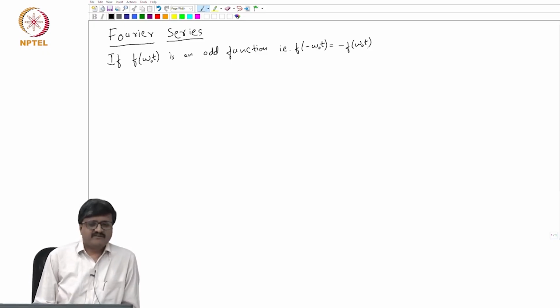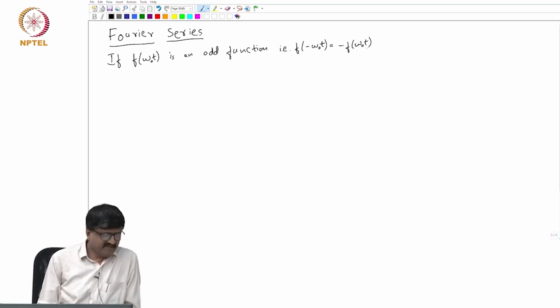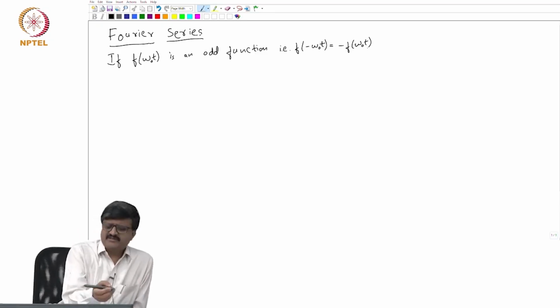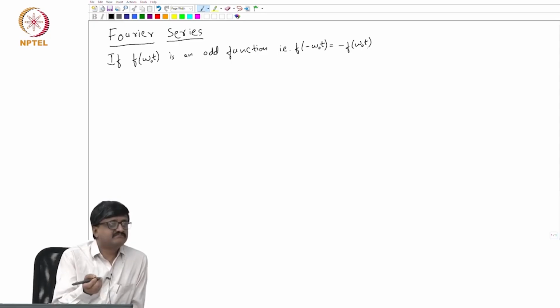In this case I will not get into the derivations. If you are not familiar with these results, I would suggest that you verify this. I am not sure whether you have heard of odd function, even function in the context of Fourier series. So, what is the simplification in the case of odd function?